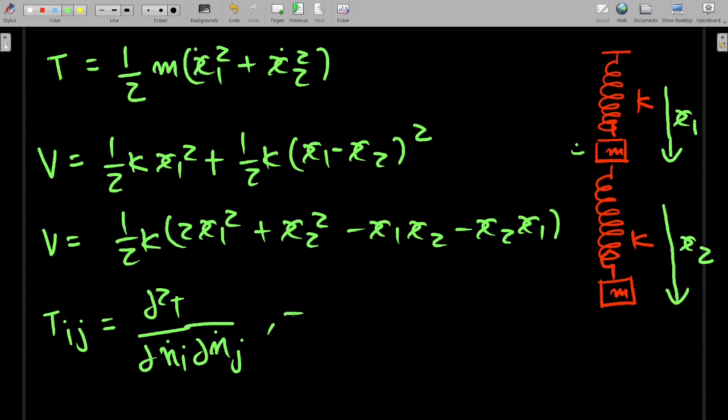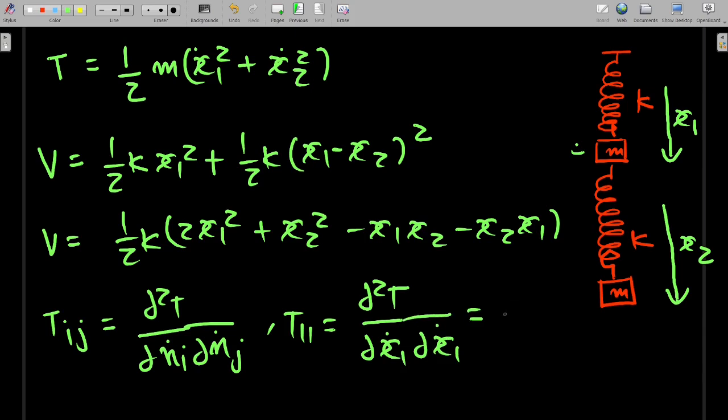So our T11 is given by del 2 T upon del x1 dot into del x1 dot.